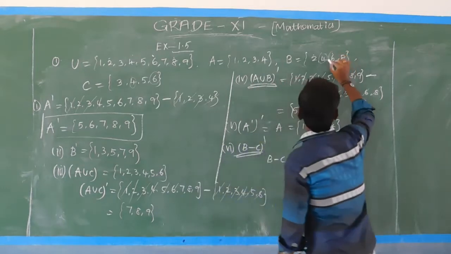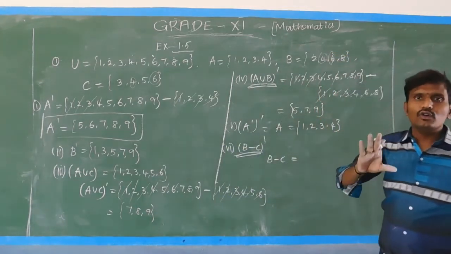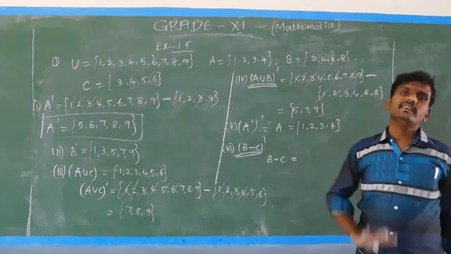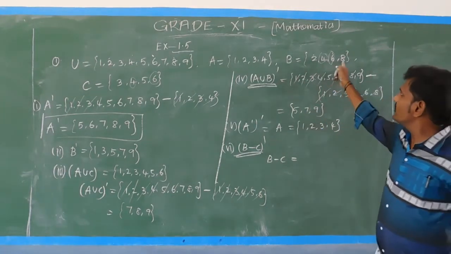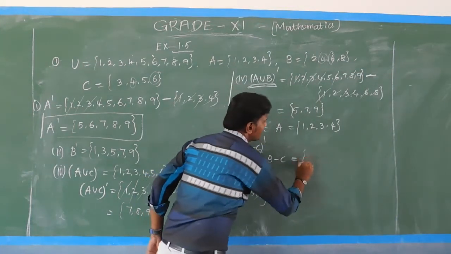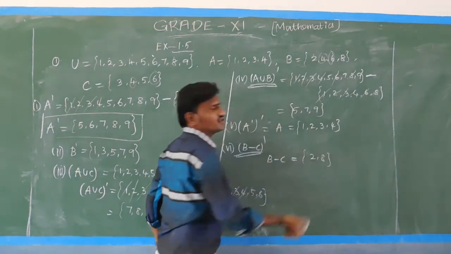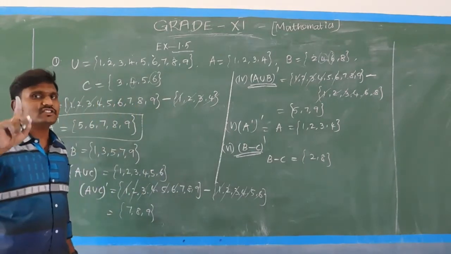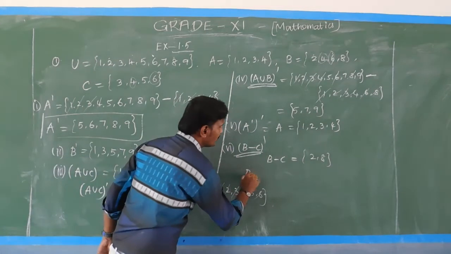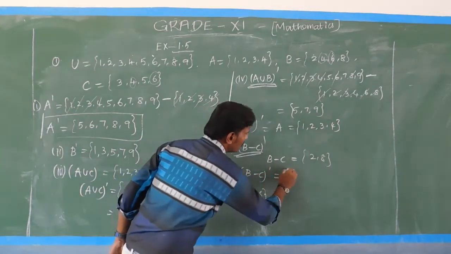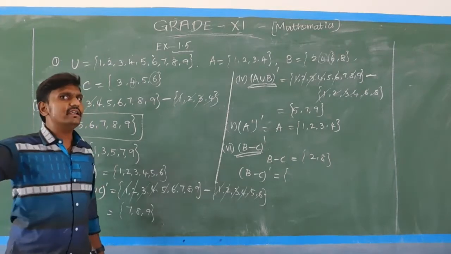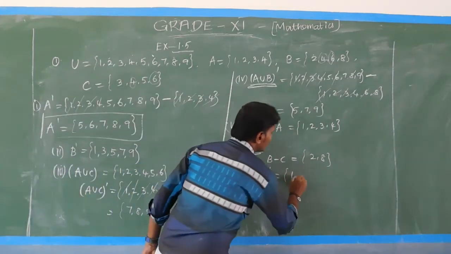So B minus C means we take the elements only in B that are not in C. Those are 2 and 8 only. So B minus C is {2, 8}. And next I am going to find (B minus C) the whole dash, which means taking the difference between the universal set and B minus C. So what is the universal set?